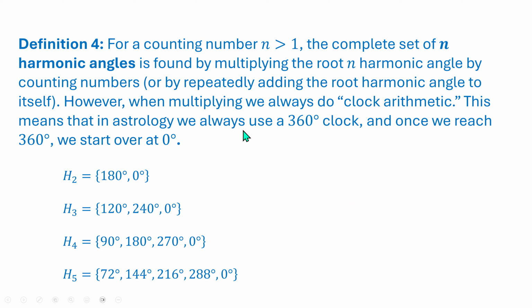That's why, for all those reasons, I said n greater than 1. But looking at these examples, you might come to the conclusion that the number of n harmonic angles you have is going to be equal to your counting number n. And that is going to be one of our rules.